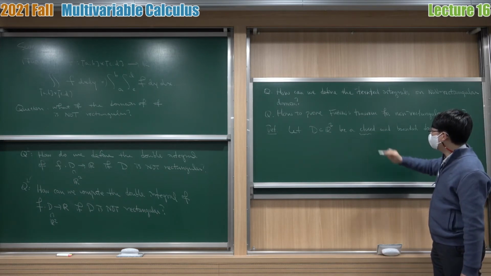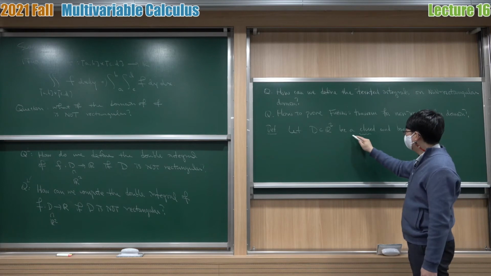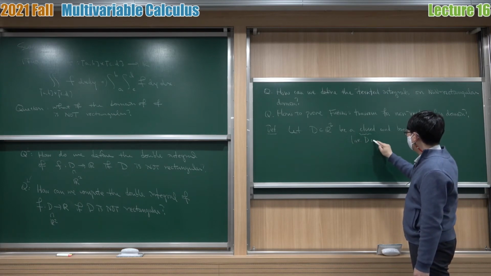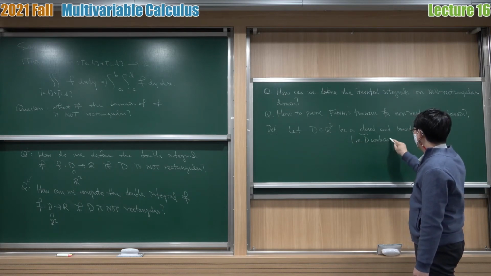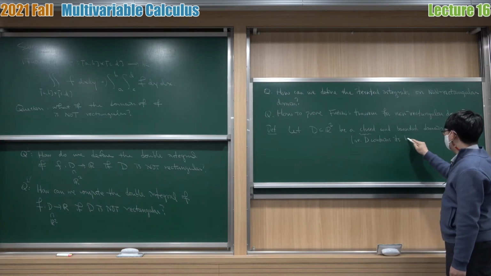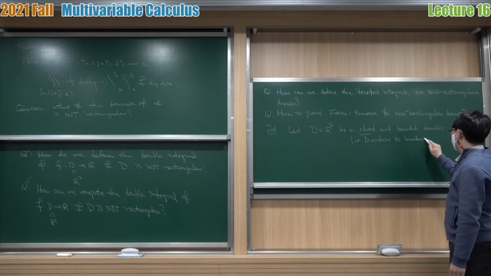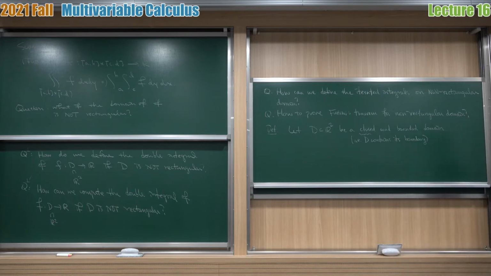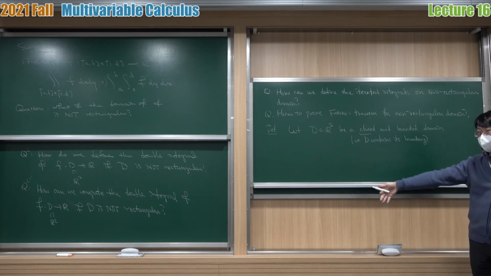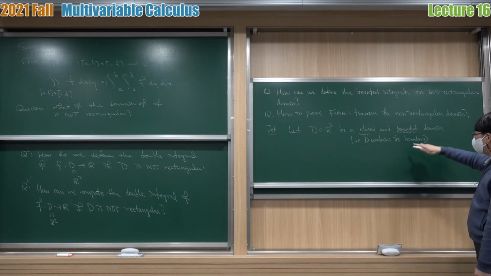So closed means that it contains its boundary. Boundary is not the same as boundedness. The boundary is like a clear end of each domain, right? So I will give an example of a domain that is not bounded, or not having a boundary.